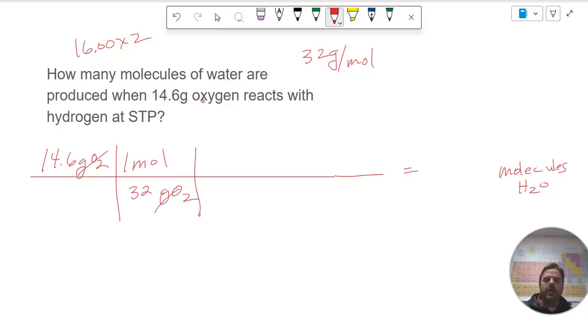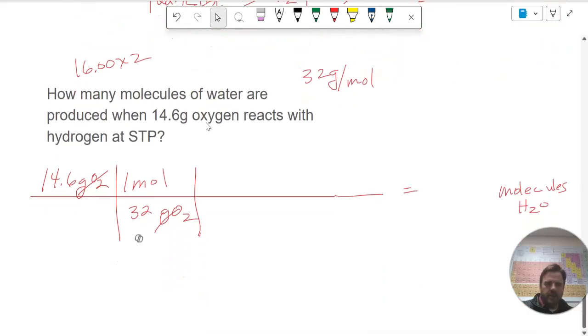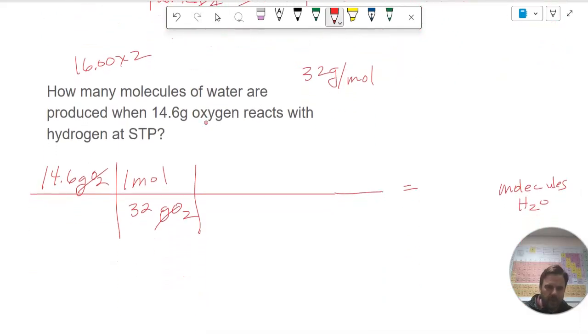Next, we need to go to the mole-to-mole bridge, or use the mole-to-mole ratios, again from the balanced chemical equation. So from oxygen to water is a 1 to 2 ratio. We've got moles of O2 right now, and we want to cancel out moles of O2, so we're going to put 1 mole of O2 on the bottom.